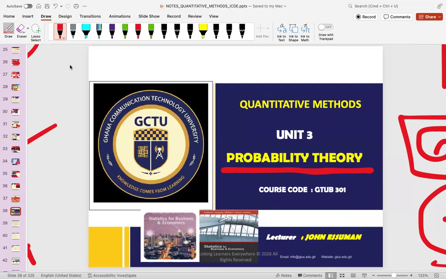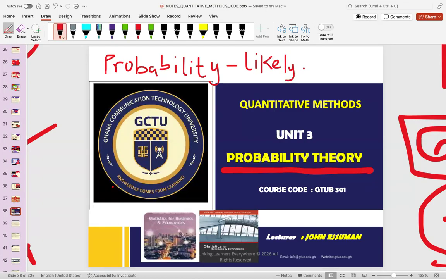The word probability, we can use one word to describe it. Anytime you hear or read about probability, it's coming from the word probable, or some call it likely. But the easier way you can remember it is chance.